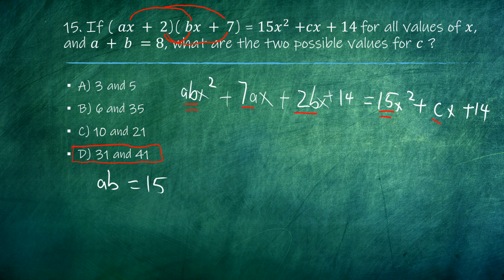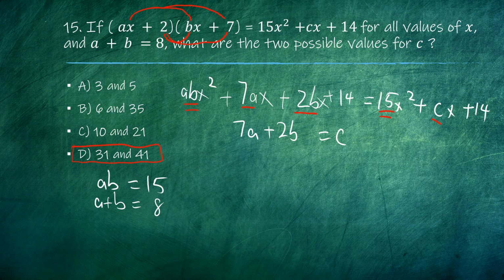So we have this: 7a plus 2b is equal to c. And another clue that we have from the question is a plus b is equal to 8.